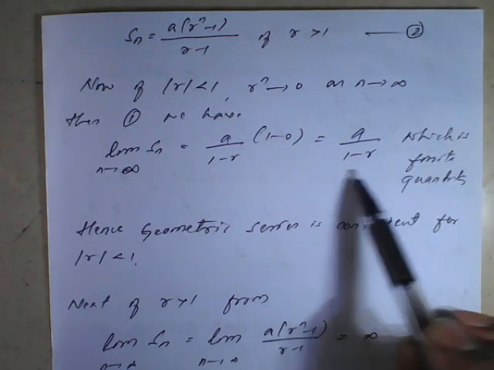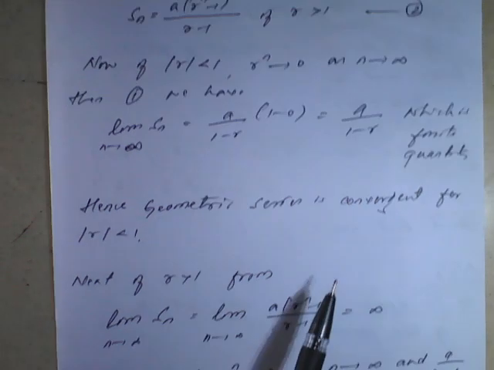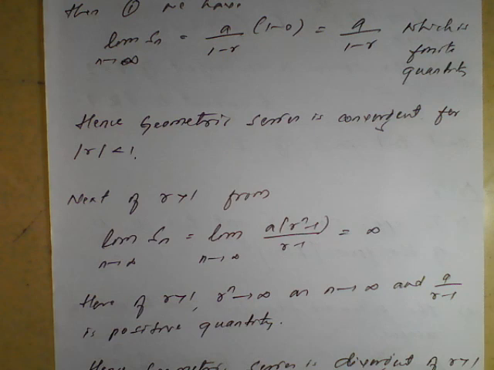Hence the geometric series is convergent for mod of R less than 1.